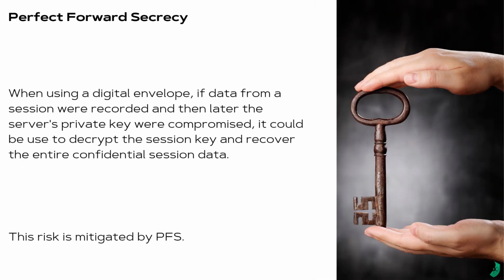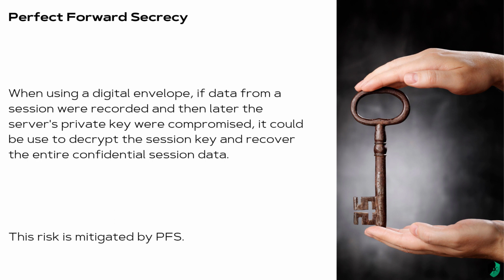Now, we also have something known as perfect forward secrecy. See, when you're using a digital envelope, if data from a session was recorded and then later in the future that server's private key got compromised, it could be used to decrypt the session key and recover the entire confidential session data.